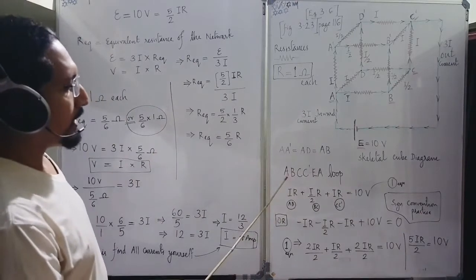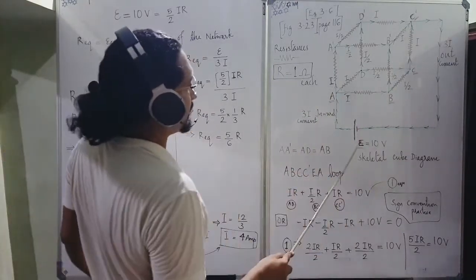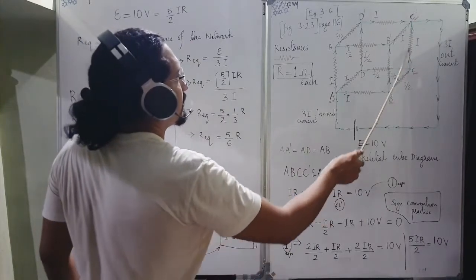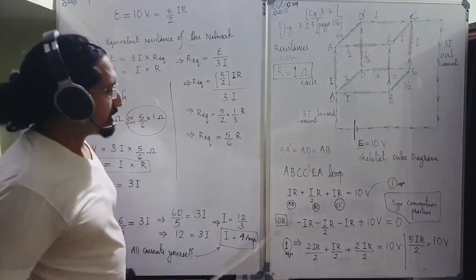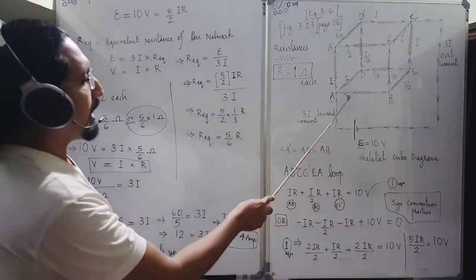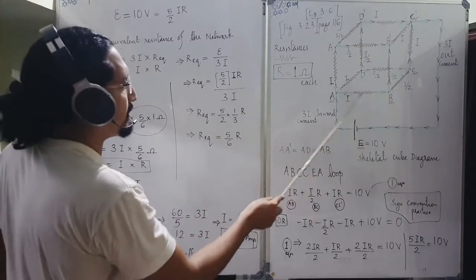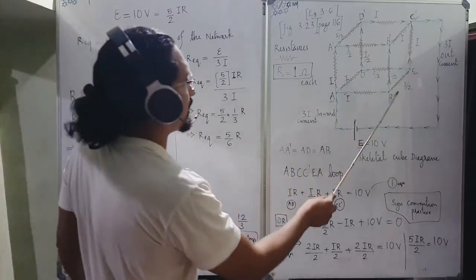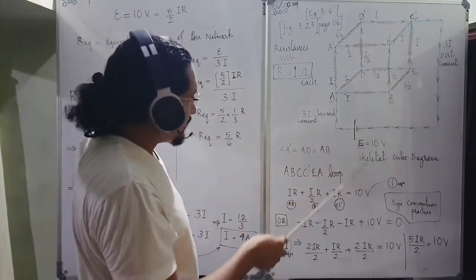So taking a loop A, B, C, C dash, E, A. Along this section, in the text it is given IR plus I by 2 R. That is, I into the resistance R ohm in the AB section, I by 2 times R in the BC section, and I times R in the CC dash section, equal to the given 10 volt.